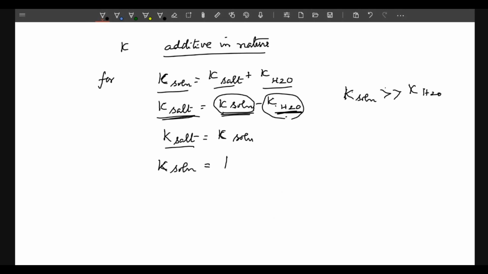If you want to calculate the salt specific conductivity, therefore, in such cases, for the sparingly soluble calculation, you should subtract the specific conductance of water from the solution. Otherwise, error would creep in.